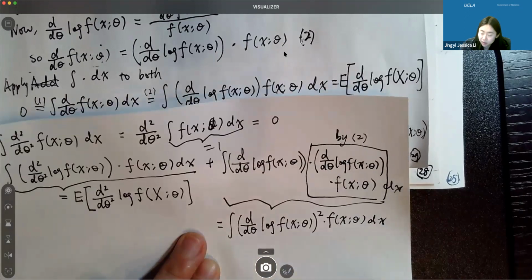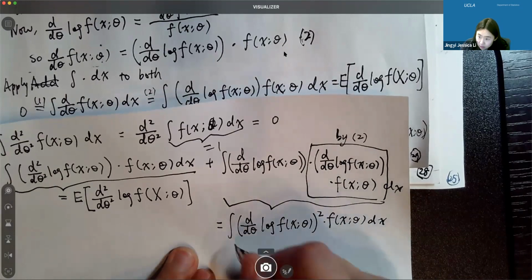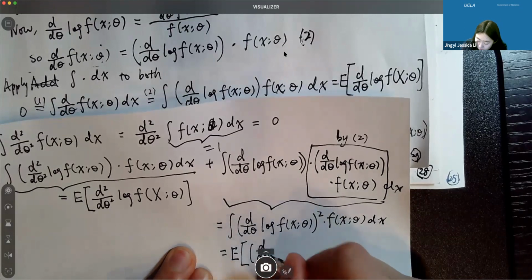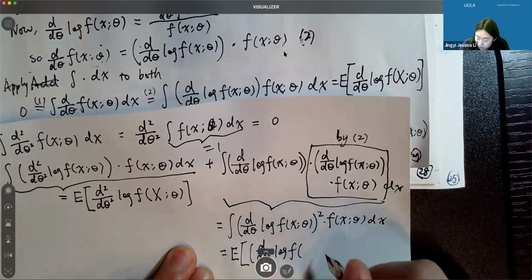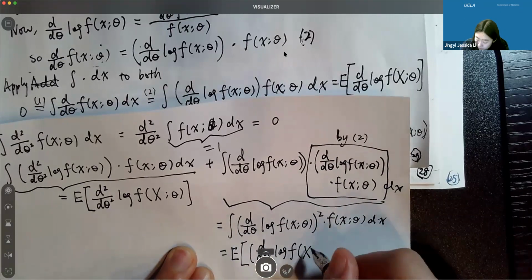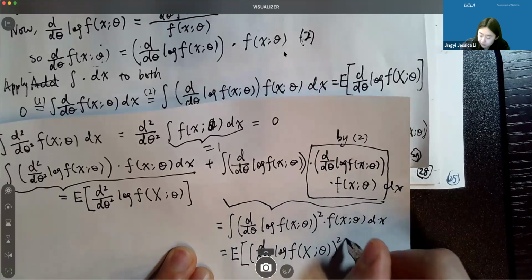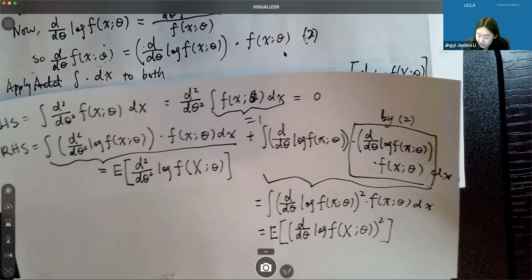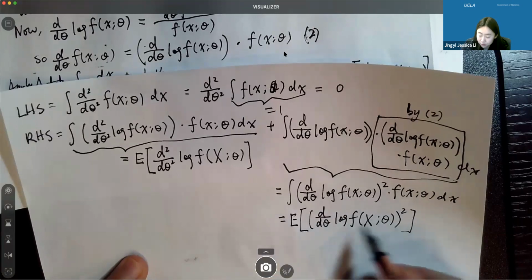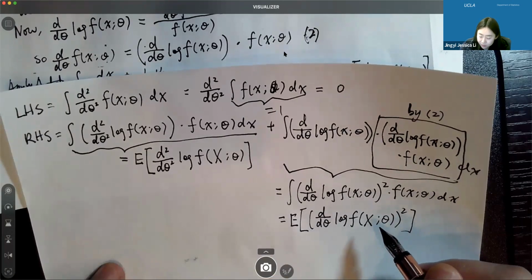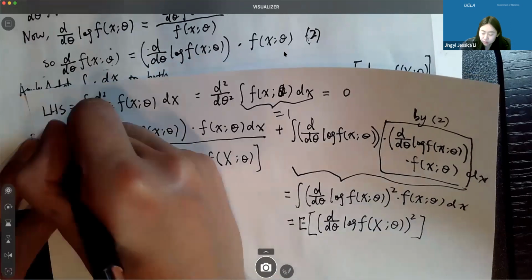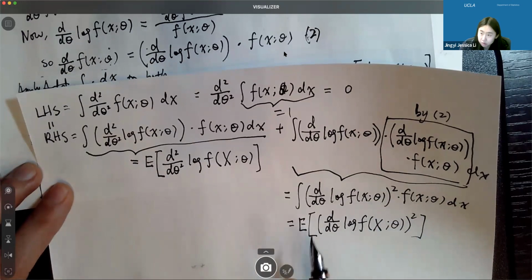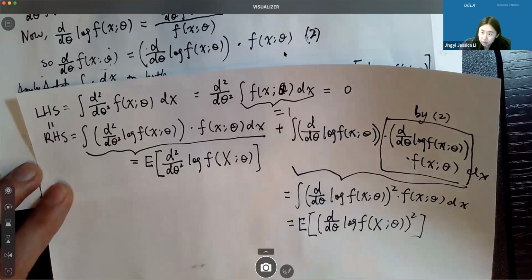Then again, by the definition of expectation, this is equal to the expectation of d theta log f(X, theta) squared, where X is the random variable. Did you see that? This is already our definition of Fisher information. Because the left-hand side equals the right-hand side, this term plus this term equals 0.